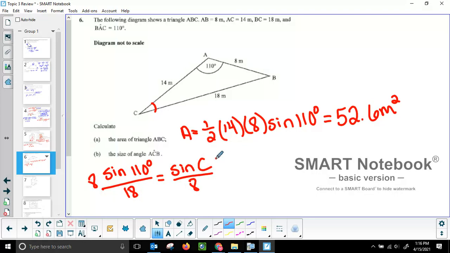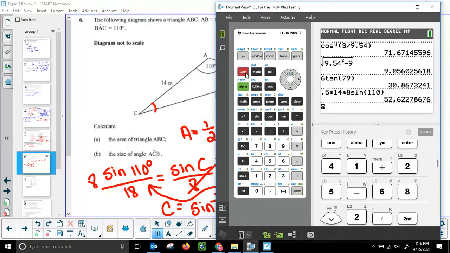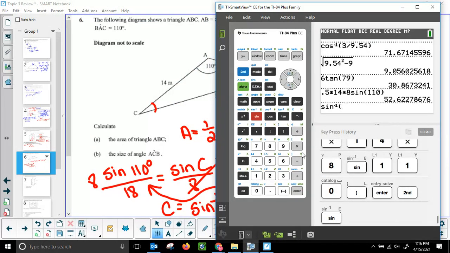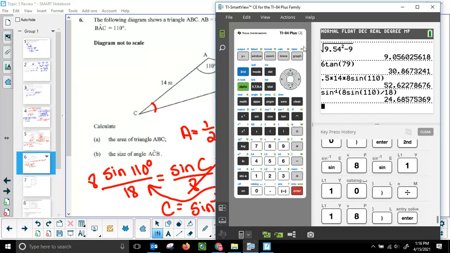So we multiply both sides by 8, and then we have to take the inverse sine of all of that. All right, so we can do that in our calculator. Inverse sine of 8 sine 110 divided by 18, 24.7 degrees.